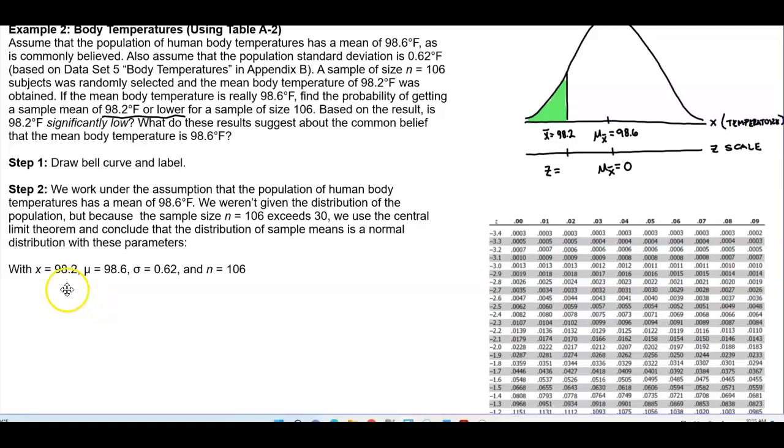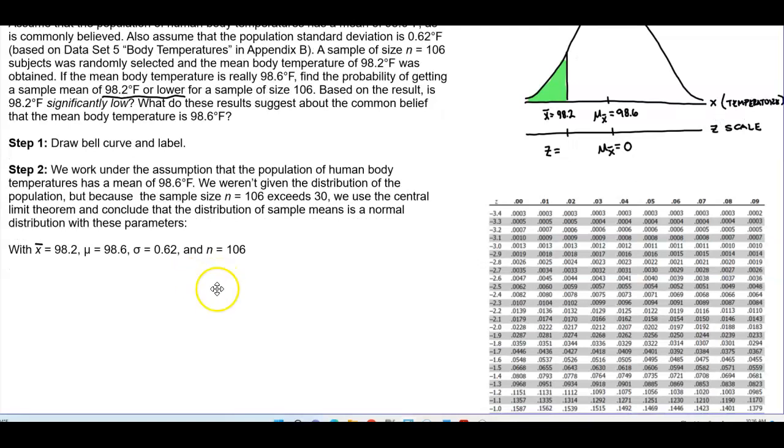So we know the value of x bar in this case is 98.2. We know that the mean of the sample means is 98.6. We know the standard deviation is 0.62, and n is equal to 106.